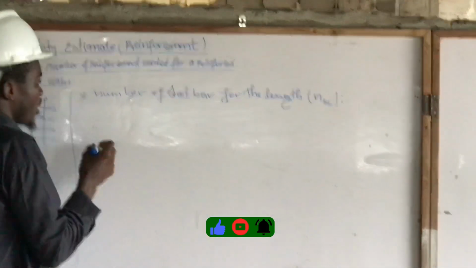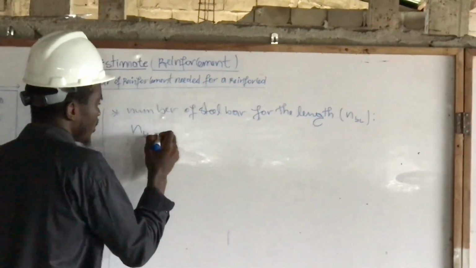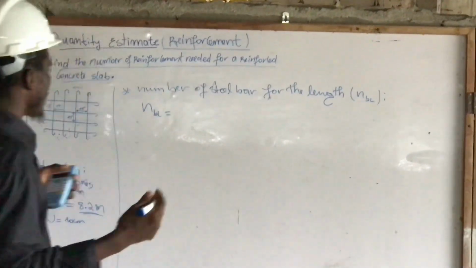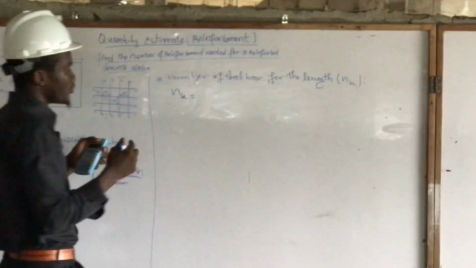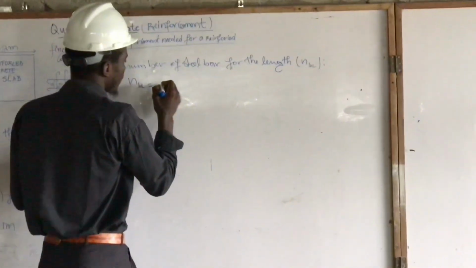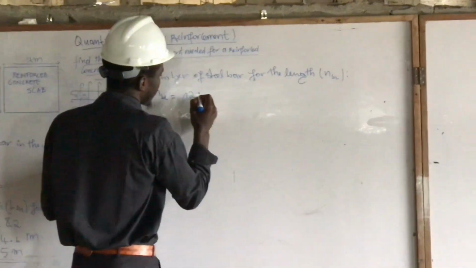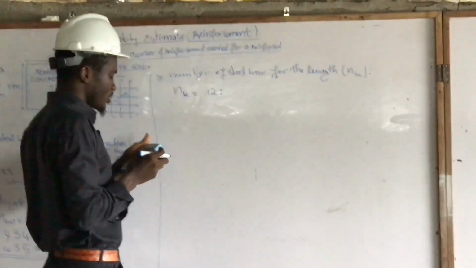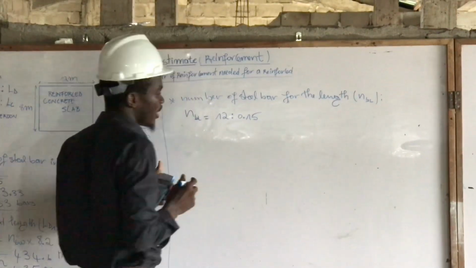NBL will be equal to, we know the spacing between two bars, so we just take the length of the slab, which is 12 meter, and divide it by 0.15.